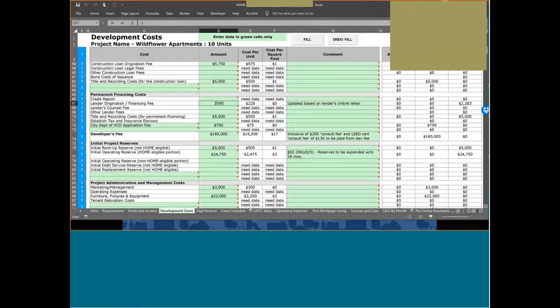And so we're going to update that. And this is updated based on the lender's commitment letter. And so we're starting to use the model's ability to tell us things in order to improve and refine the underwriting on which we're sizing our HOME funds.